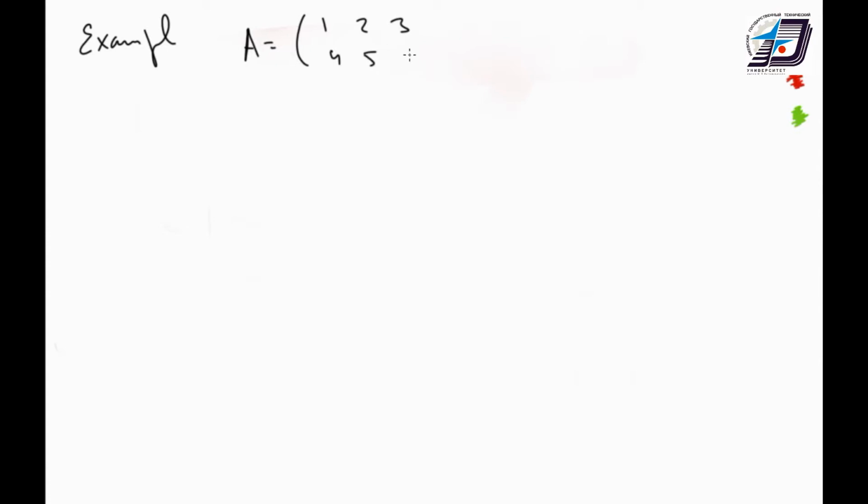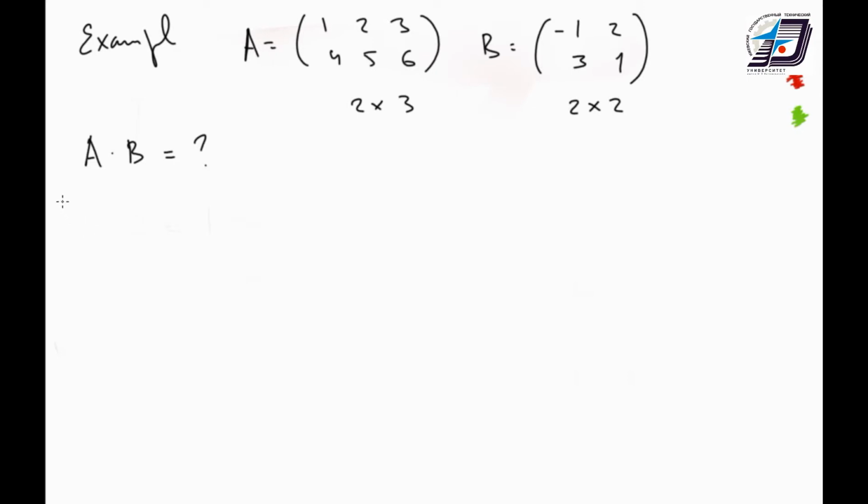For example, A equals 1, 2, 3, 4, 5, 6, and B equals minus 1, 2, 3, 1, for example. Now, you can notice that this matrix is a 2 by 3 matrix, and this is a 2 by 2 matrix. So, if you try to calculate A times B, it is not possible.